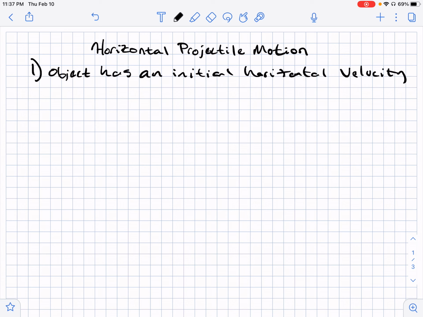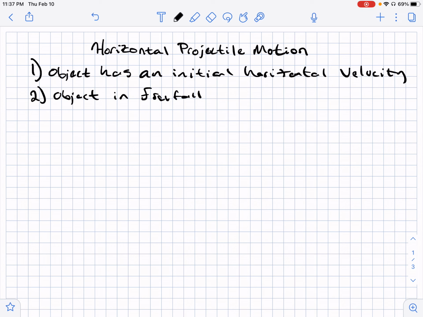The other is that the object is in free fall. And if this is the case, then that object is moving in a horizontal projectile motion.